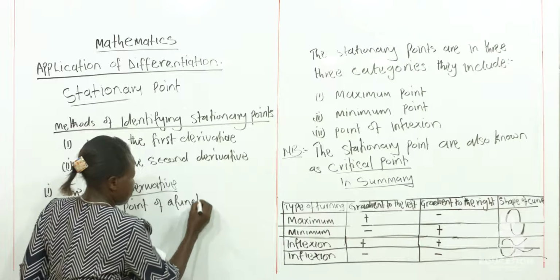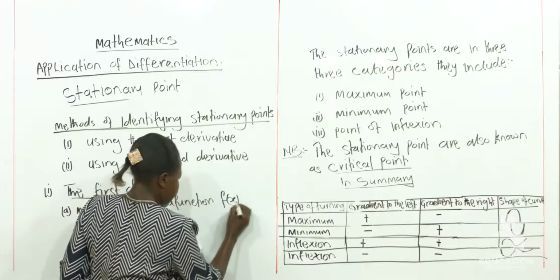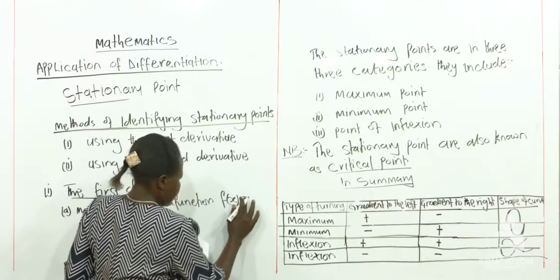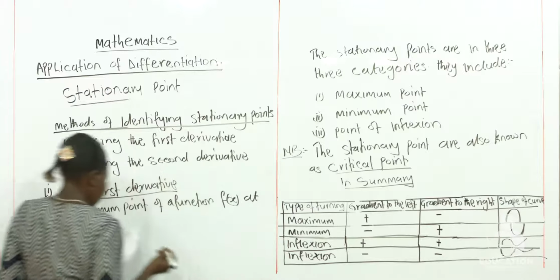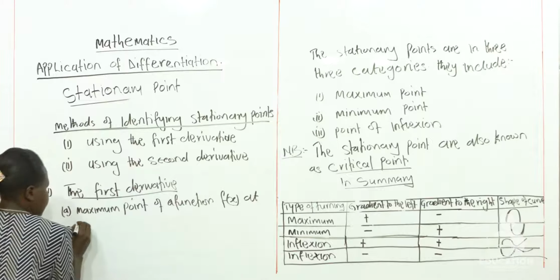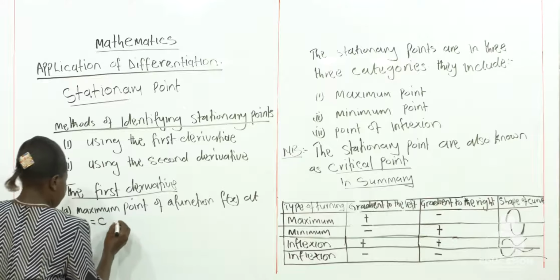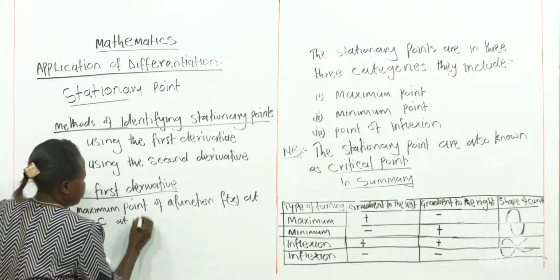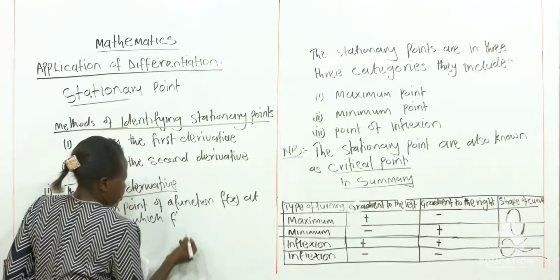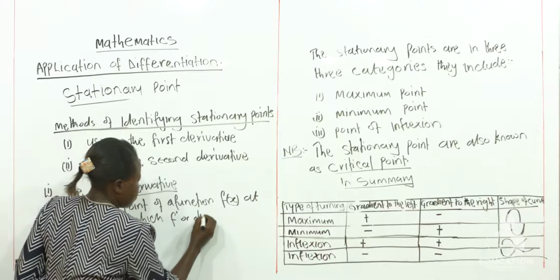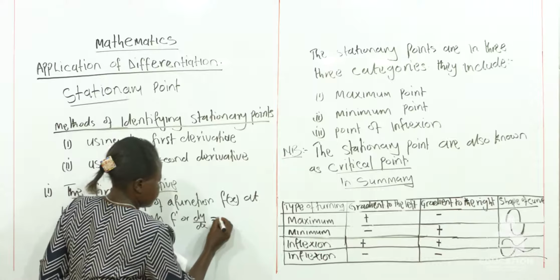Say f equals f(x) at x equals c, at which f dash, or dy over dx, equals 0.